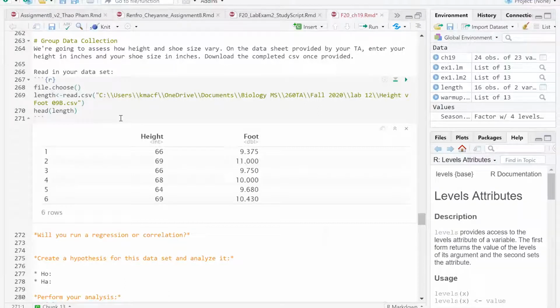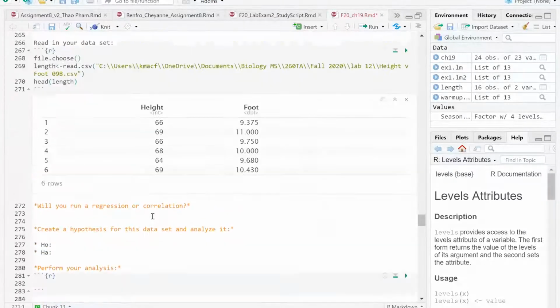Okay. So when we look at our data, we see our height and our foot length. So are we going to be doing a regression or a correlation? Would it be a regression?